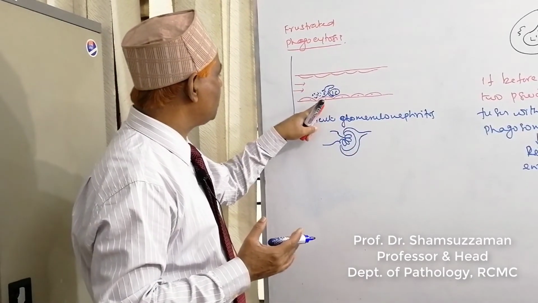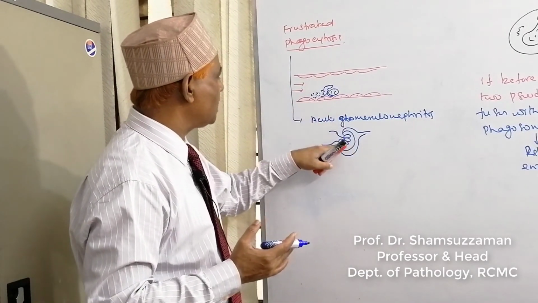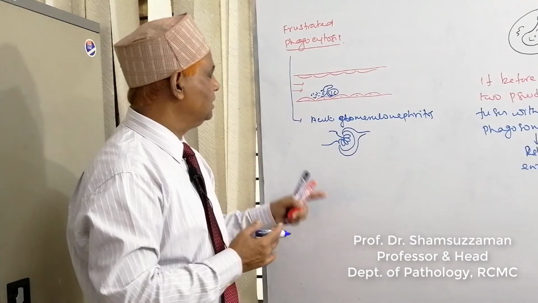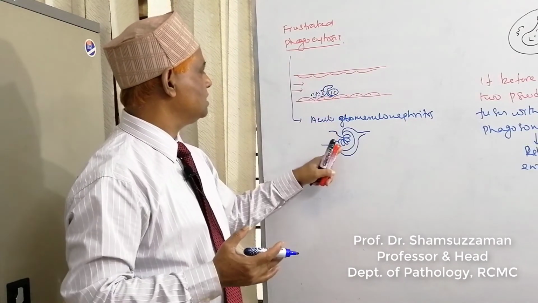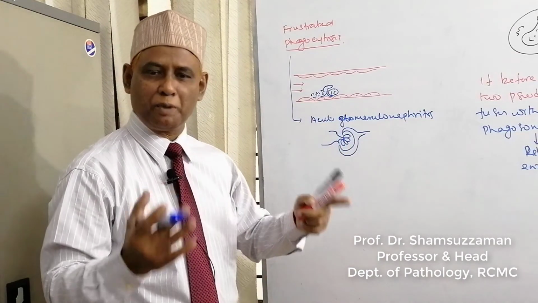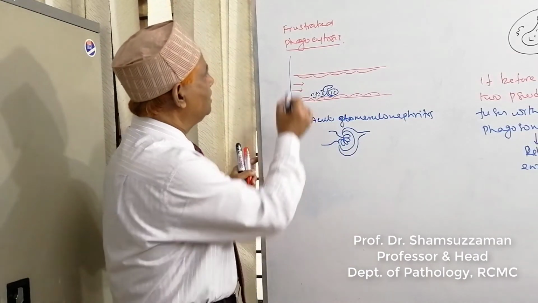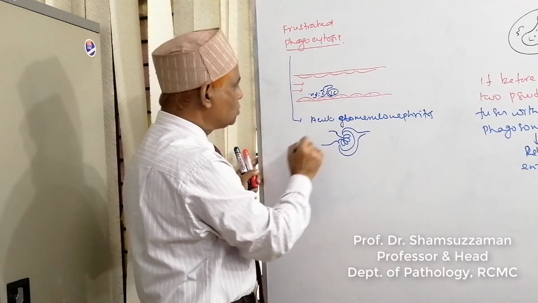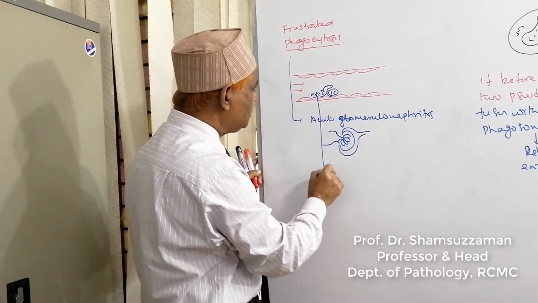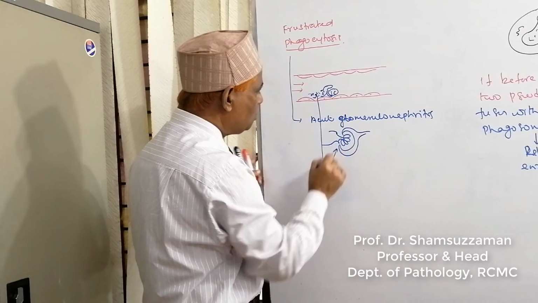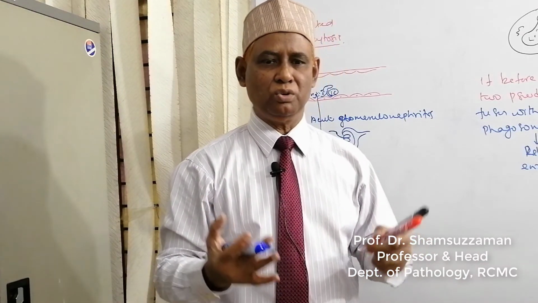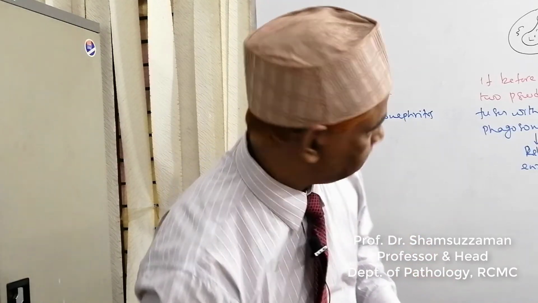If frustrated phagocytosis occurs in the glomerulus or glomerular capillaries, there will be release of leukocyte products. This release of leukocyte products in the glomerulus will enhance the pathogenesis of acute glomerulonephritis.